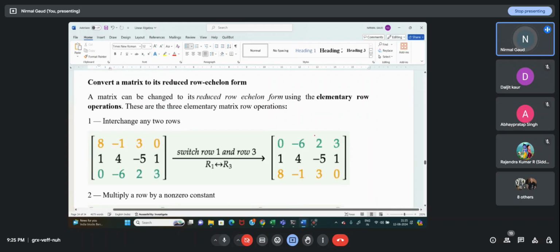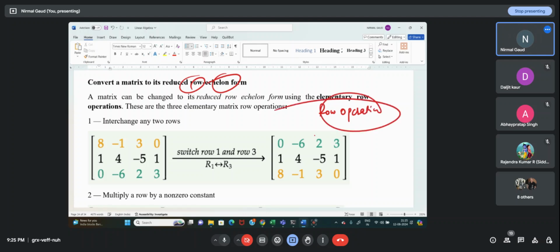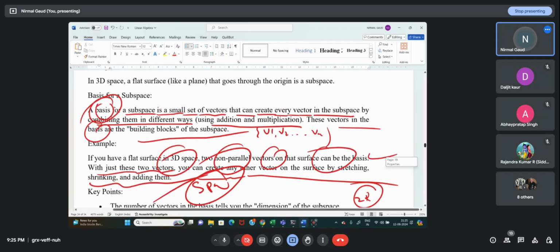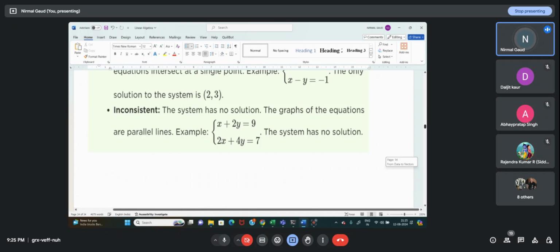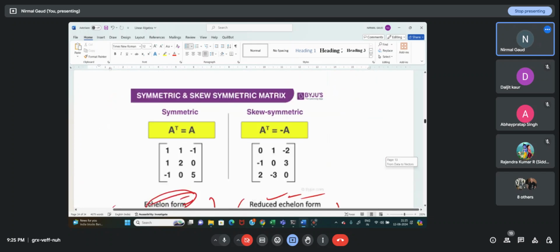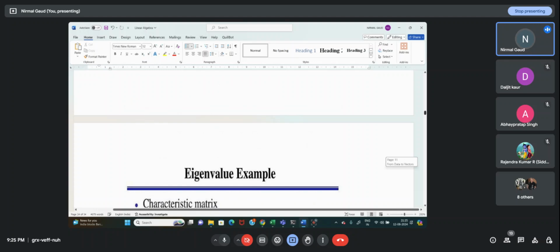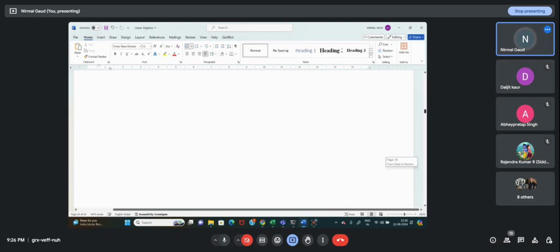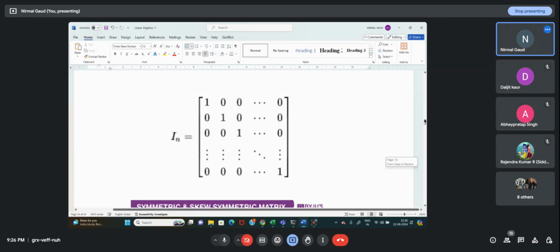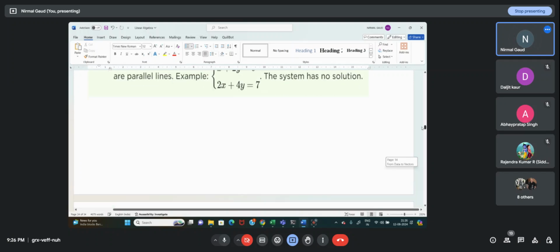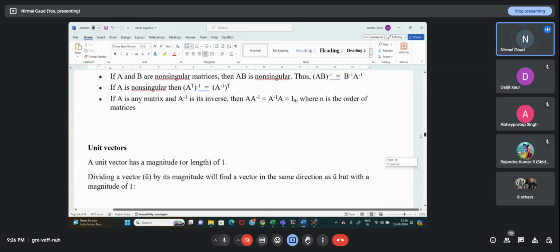Now, how to convert a matrix into reduced echelon format? You have to apply row operations. I hope we have gone through this in the notes above, but I guess we don't have those points.